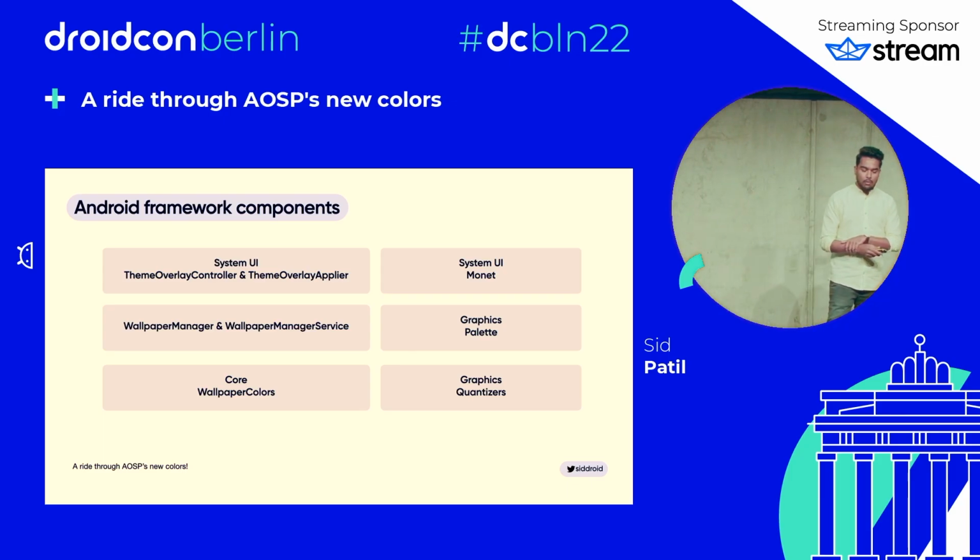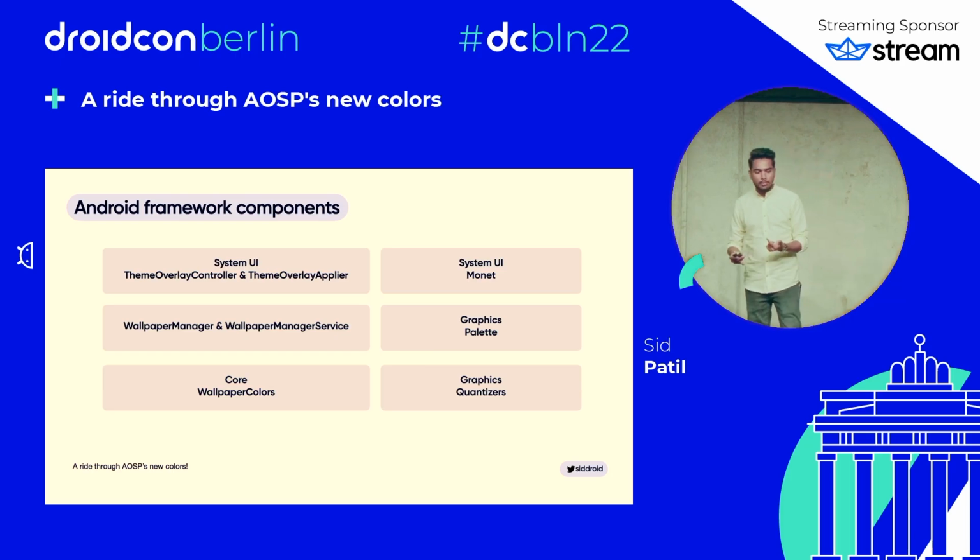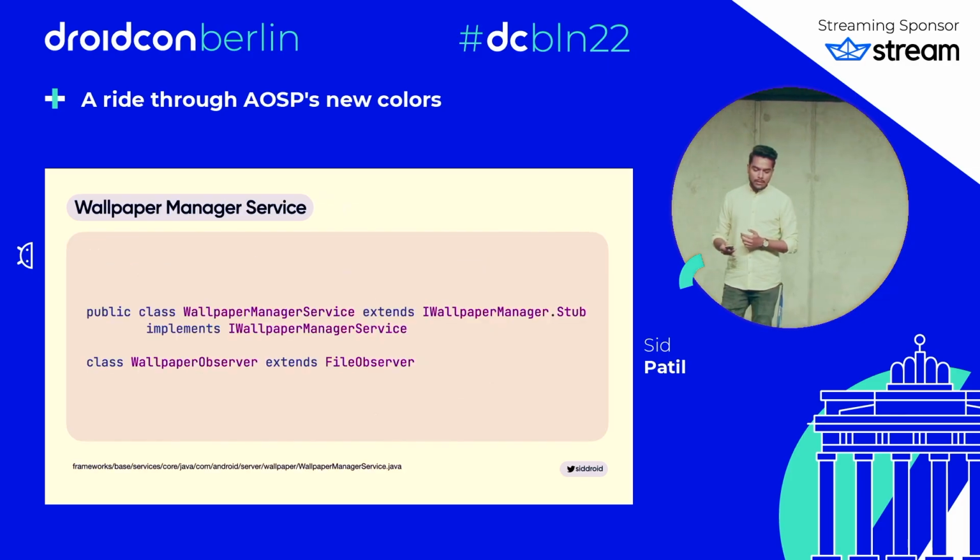And we will see the wallpaper manager and wallpaper manager service, which are core to the framework, and how they work with different things. We will see portions of the graphics Palette API, the Palette class. We'll see wallpaper colors, and we will understand at a lower level how quantizers work. We want to understand some quantization logic: how do we run the image through quantizers and extract meaningful information from it? That's what we're going to discuss today.